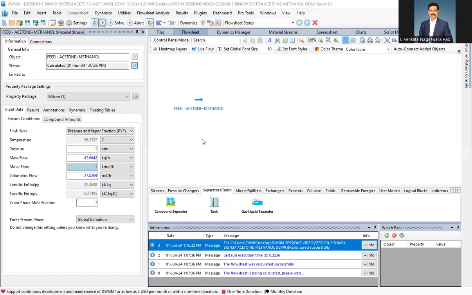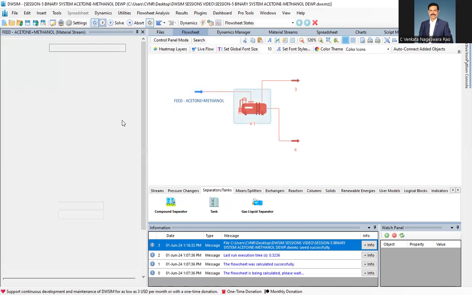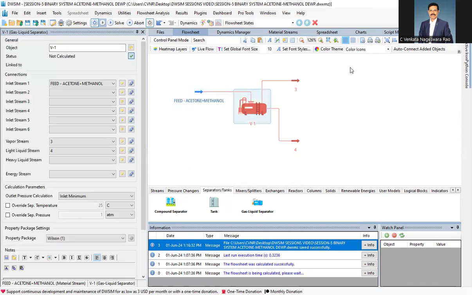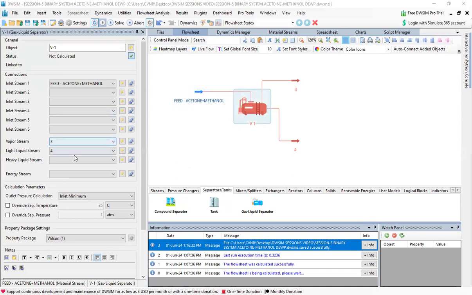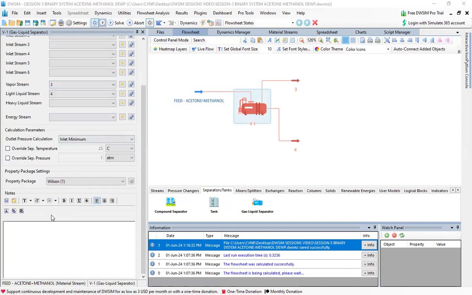Now today's exercise is the same composition, and I've used a gas liquid separator here. Let us go to this particular flash calculation. The input is known, the output is known, and at what temperature and pressure it gets flashed, we don't know, because we are operating this flash equipment at either constant pressure or constant temperature.